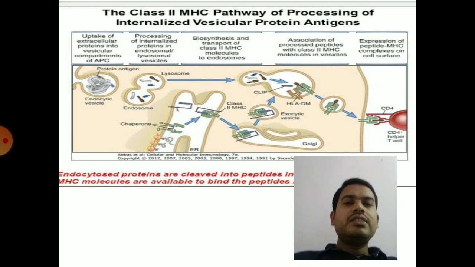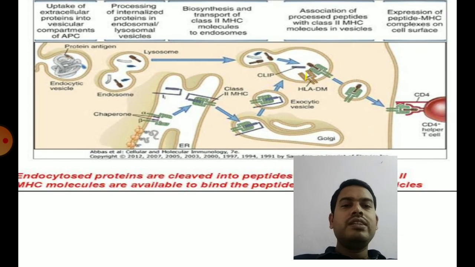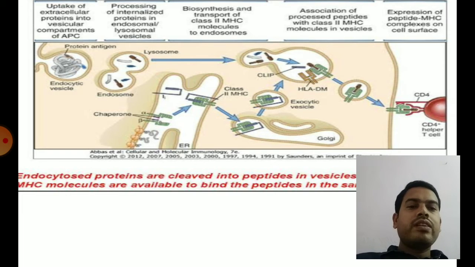So this is class 2 MHC molecule, which is present on the antigen presenting cells. When antigen presenting cells engulf the exogenous antigen, immediately it will combine with lysosomes. In lysosomes, the antigen proteins are degraded into peptides.